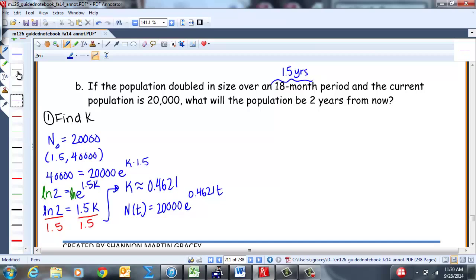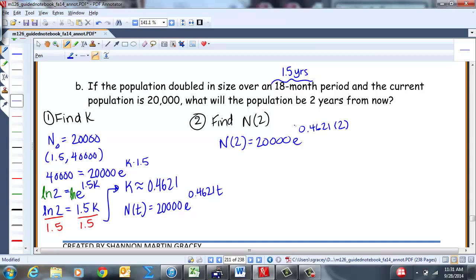So we are going to use that information to find n at 2. So n at 2 will be 20,000 times e to the 0.4621 times 2. I'll put that in parentheses.